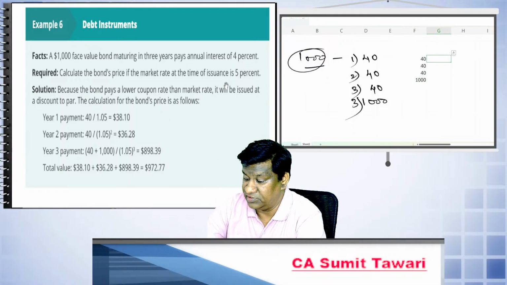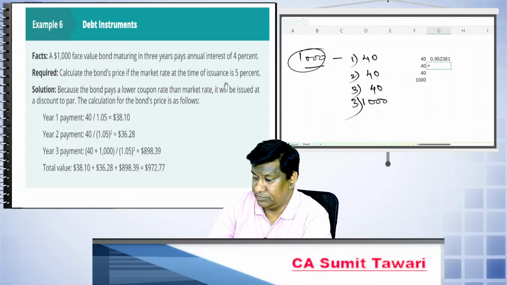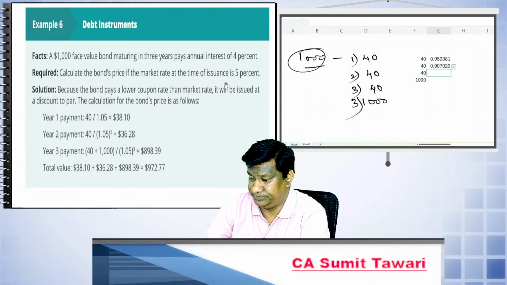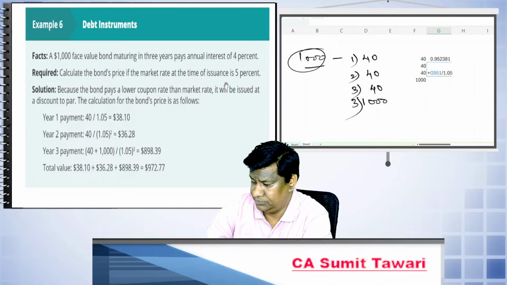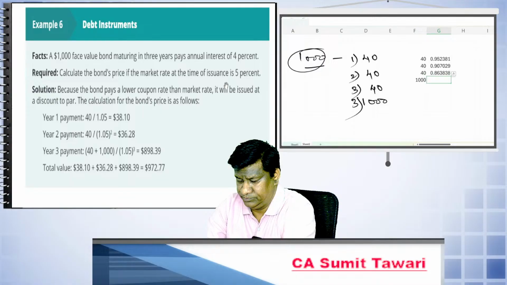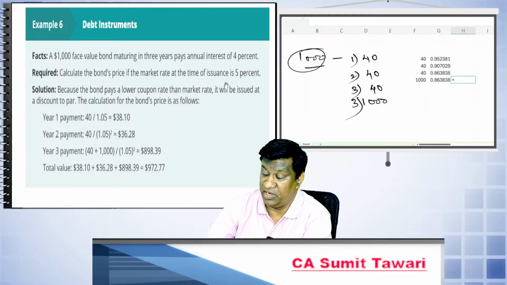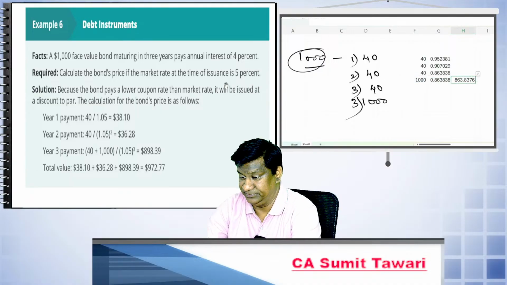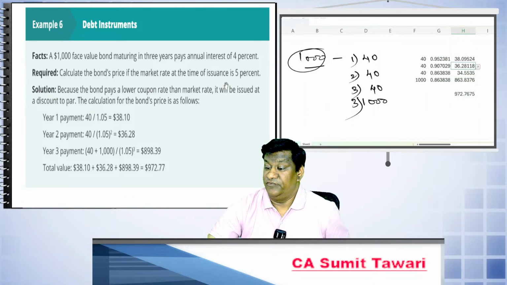Market rate of return is 5%, which means I need to calculate the discount with a discounting factor of 1.05. The same, because at the end of the third year I am getting my initial investment as well. So this is 972.77. Why am I calculating like this?